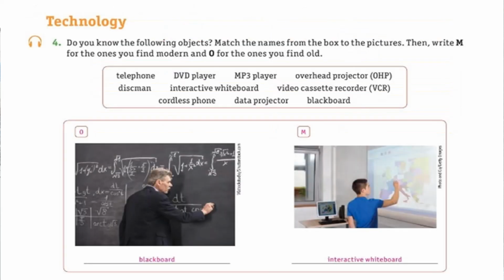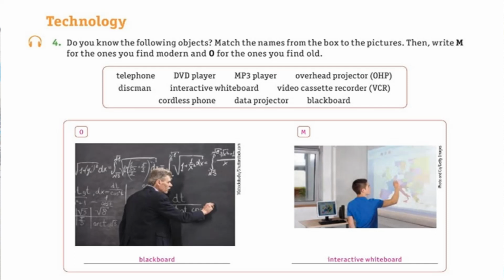Now talking about the first exercise of our page 23, we're going to have here technology, okay? So in this exercise here, we're going to think about the objects that are modern and the objects that are old, okay? So modern objects and old objects, all right?